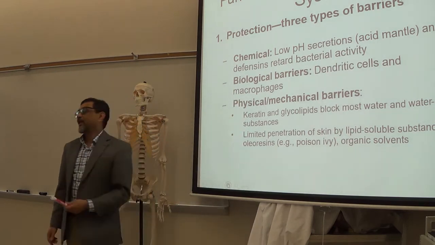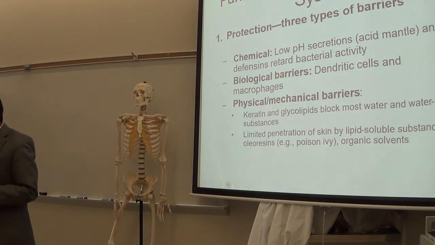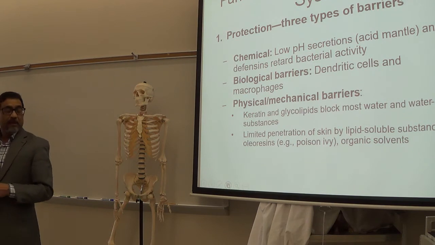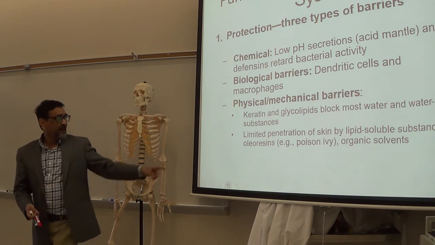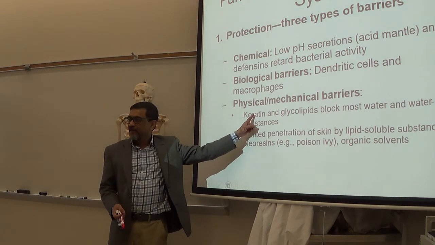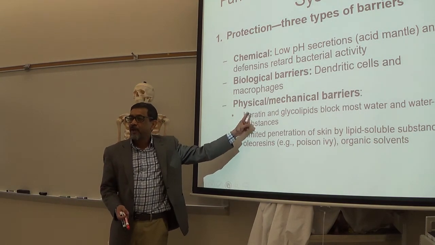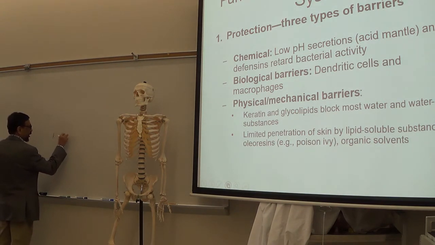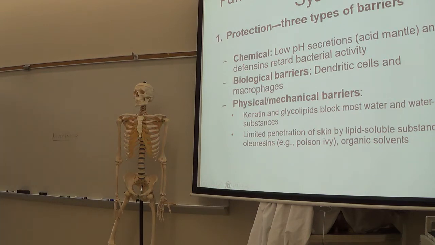Then physical. In your skin, you have some chemicals. One important chemical is keratin. It is a highly specialized protein. So keratin is a highly specialized protein that gives the waterproofness of the skin.